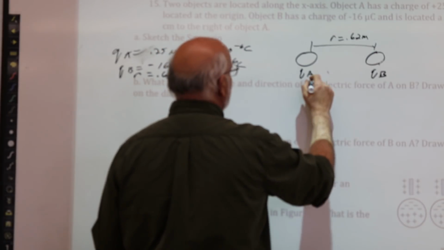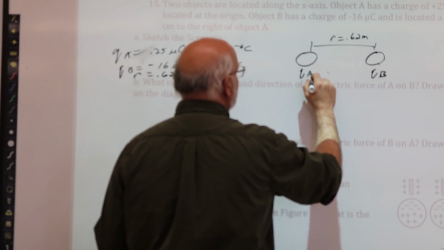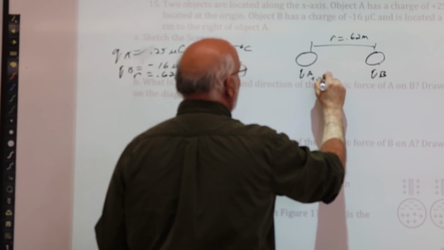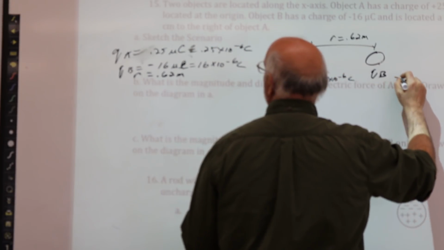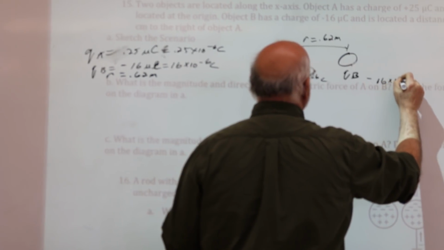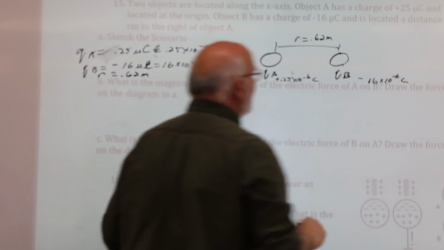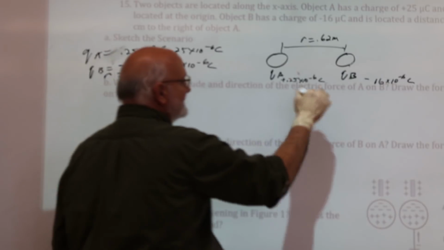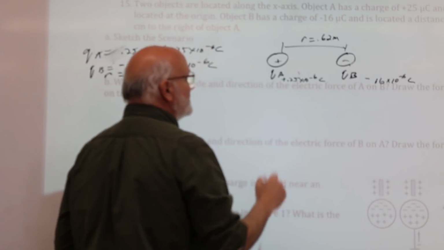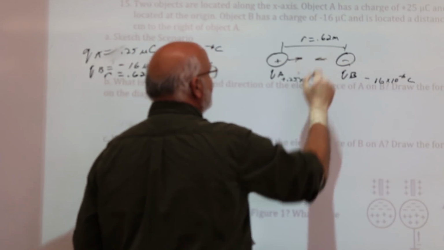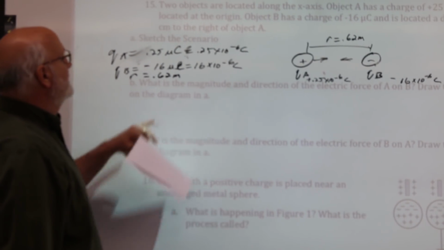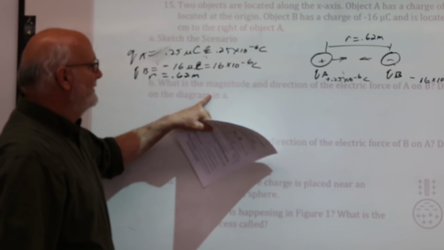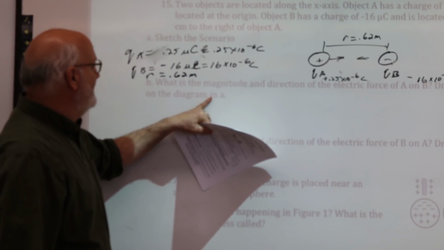And so it turns out that this one's positive 0.25, 10 to the negative 6 coulombs, and this is negative 16 times 10 to the negative 6 coulombs. If that's positive and that's negative, then that means we're talking about an attractive force that exists between them. Cool. So, what's the magnitude and direction of the electric force of A on B?